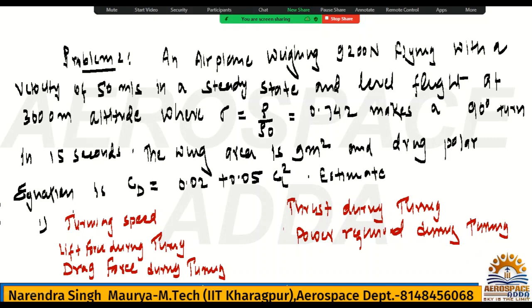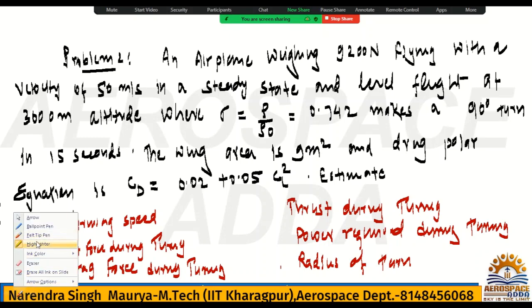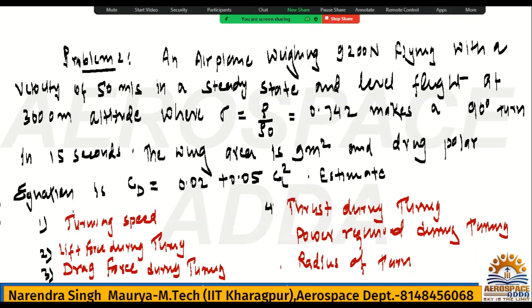Okay, then radius of turn. Okay. How many questions? One, two, three, four, five, six. Any one question will be asked to you in examination.